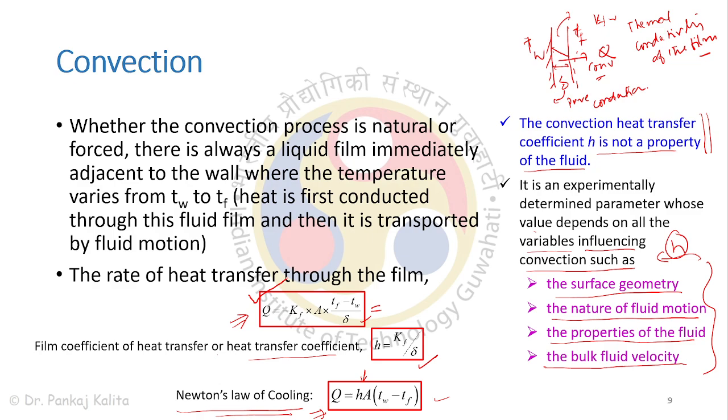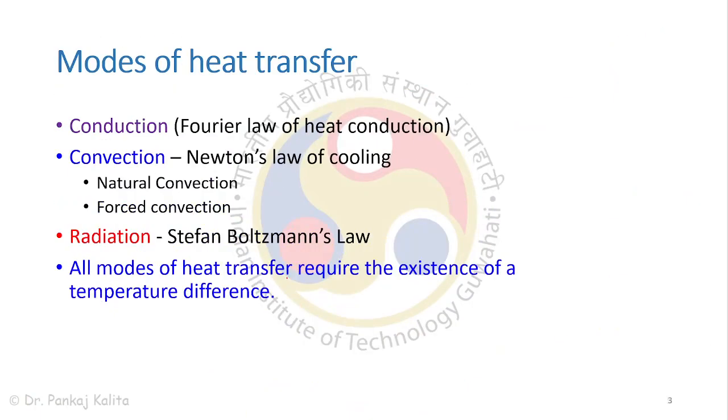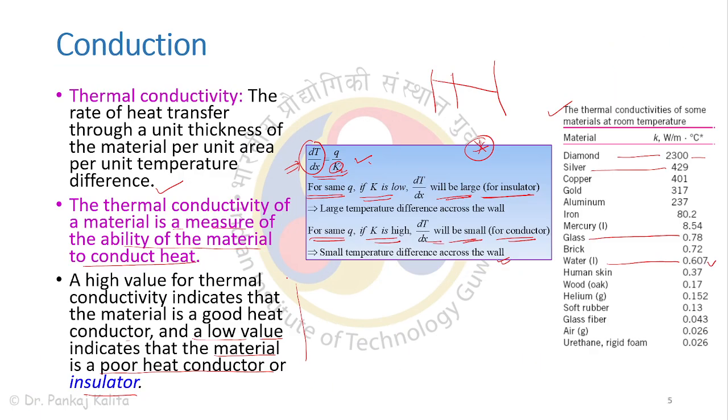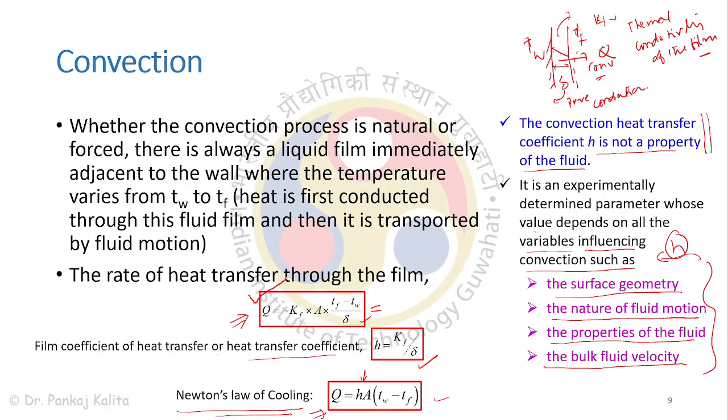If you will see, it is Newton's law of cooling. This is hA delta T, and this formula you need to remember, where h is your heat transfer coefficient due to convection, A is your area through which the heat transfer is occurring, and delta T is the temperature difference between your fluid and your wall or the solid surface.